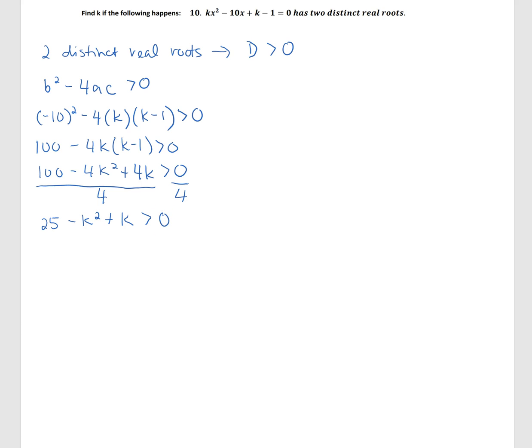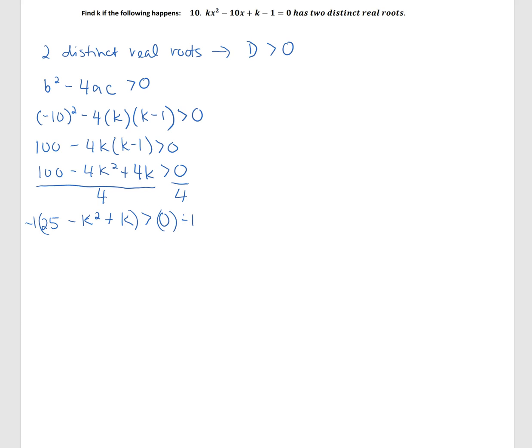And so I want my coefficient on this k squared term to be positive, because that makes it easier to solve for it. And so I'm just going to basically multiply both sides of my equation by negative 1. So I'm multiplying this whole thing by negative 1, and 0 by negative 1.